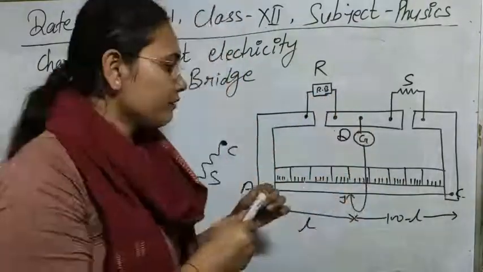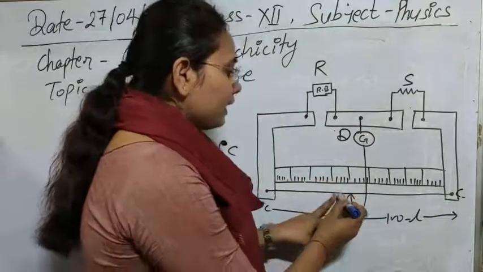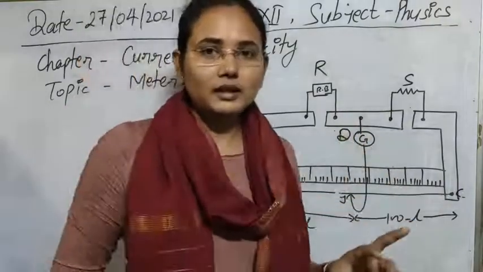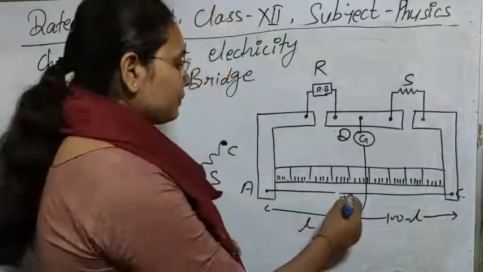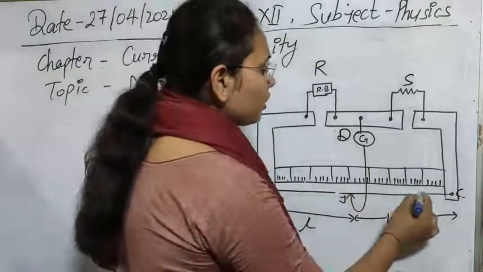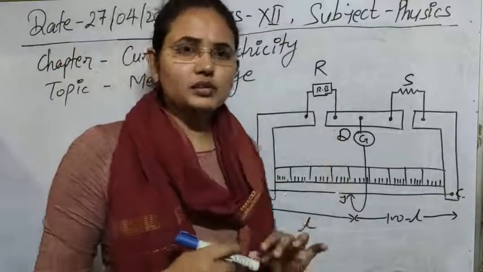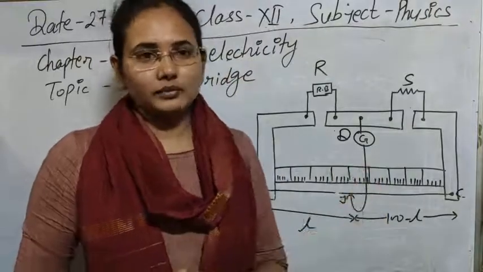If we connect the jockey to this conducting wire, the circuit will be completed and current will flow in the galvanometer. It means we can detect the current using this, and it is easy to slide the jockey on this wire. That's why we use such a thing. We could join directly, but here we are using a jockey.